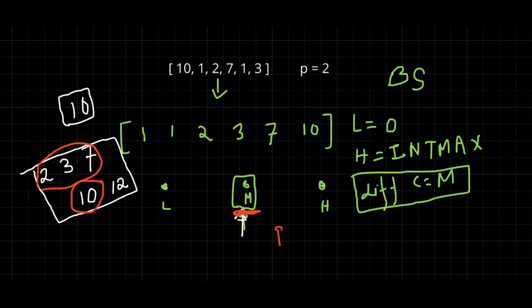Suppose the valid pairs will be stored in this element. Now, it can be possible that our valid pairs are greater than or equal to P. That means, suppose here in this problem we have to make 2 pairs, but we have found 4 pairs as valid.